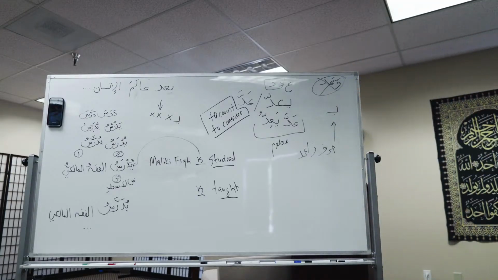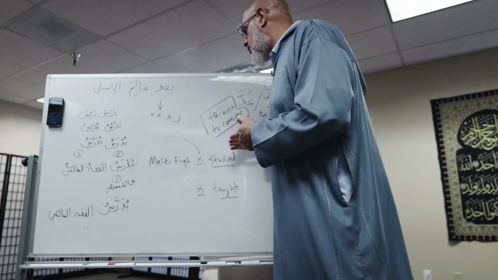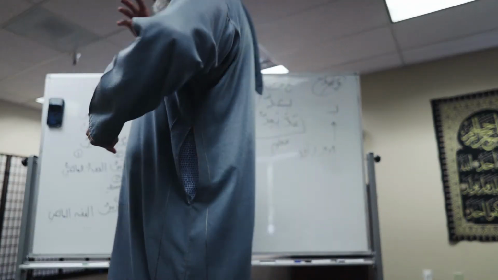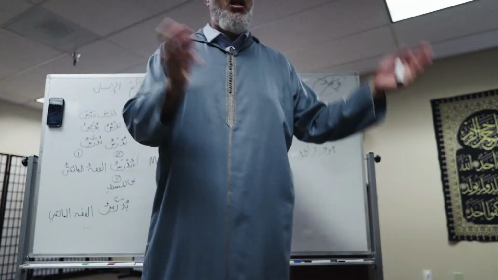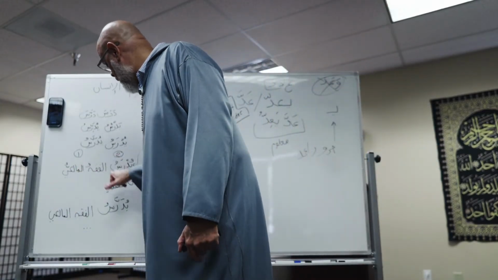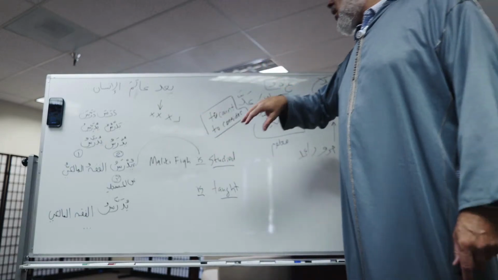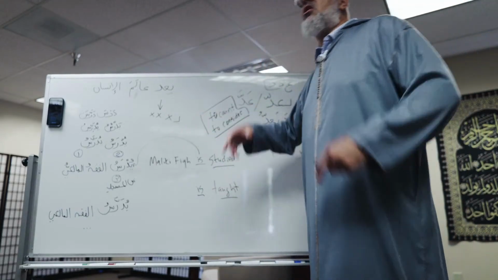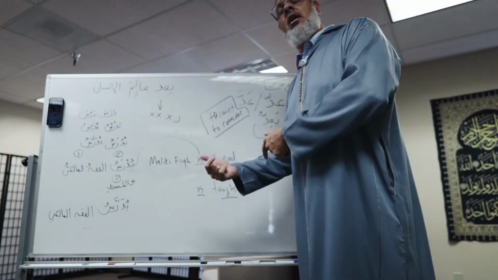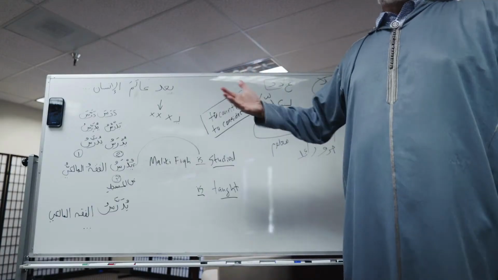As we said, one of the most important things about the difference between the active and the passive is that when we shift to the passive, we put emphasis on what is being done and not who is doing it, right? So when we use yudrasu or yudarrasu, what we're saying is studying and teaching is the most important thing being mentioned. Who is doing the studying and who is doing the teaching is irrelevant, or certainly not the most important thing.